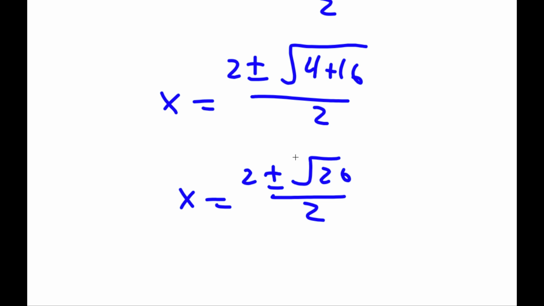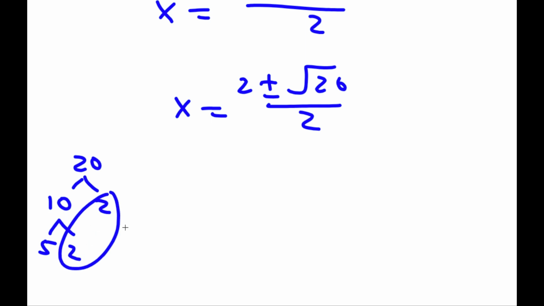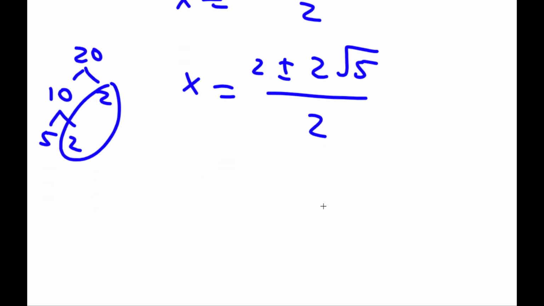Now, 20, we can actually simplify this radical. So 20, this is the same thing as 10 times 2. And 10, this is the same thing as 5 times 2. So as you can see, 2 here is going to be our outside number, and 5, because this is all that's left, is going to be what's in our inside. So we have 2 plus or minus 2 root 5 over 2.